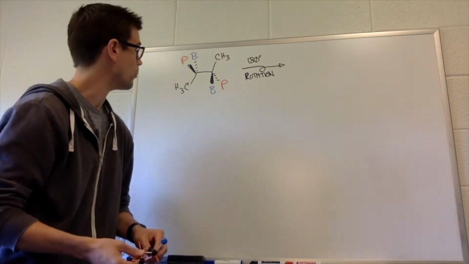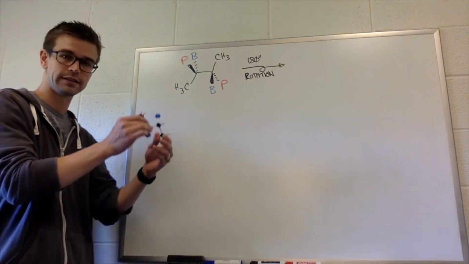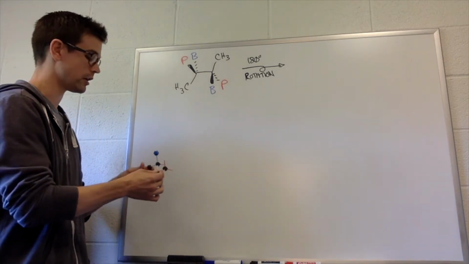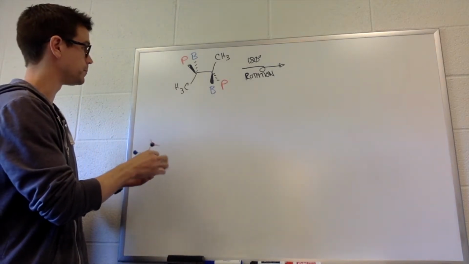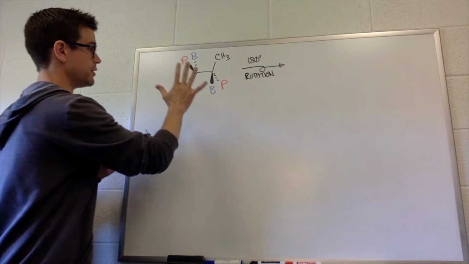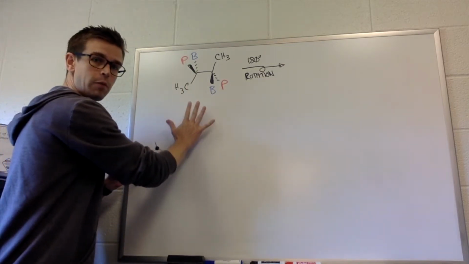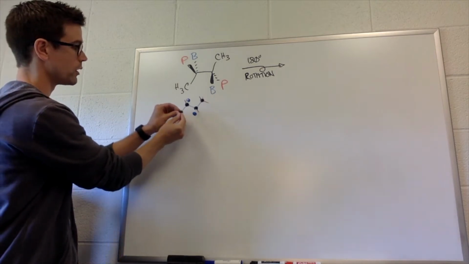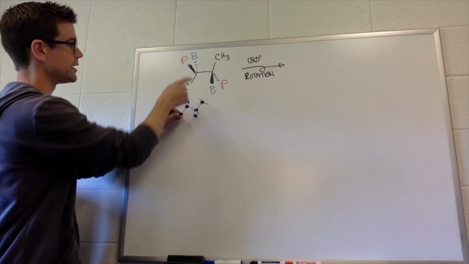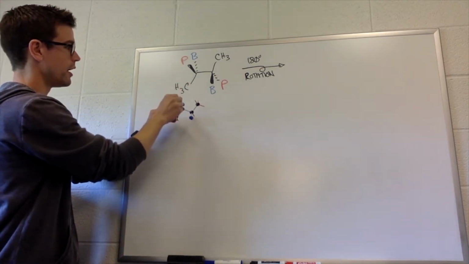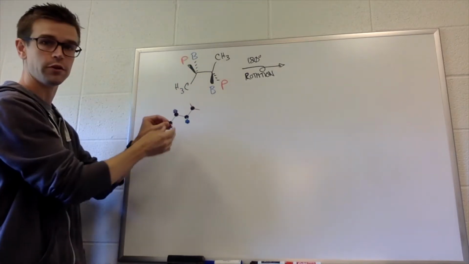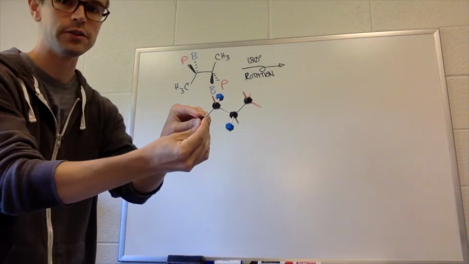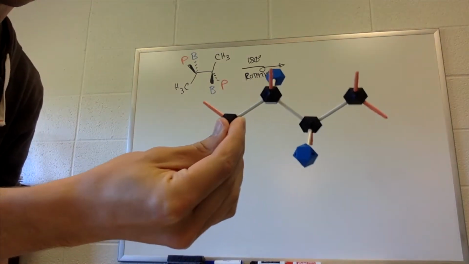So what we have here is this molecule that I was holding here, but in a two-dimensional format that we can put on paper or on a board. But this molecule here is the same as this. I have P for the pink and B for the blue atom, and I'm going to bring this to the screen here.